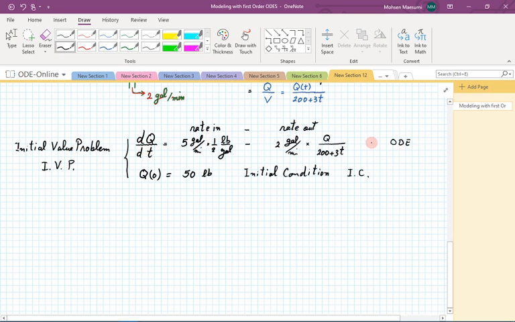So without further ado, I'm going to make this a little bit shorter. Q prime is 5/2, and the other term I might write as 2 over 200 plus 3t times Q. And then I have the initial condition Q(0) is equal to 50.